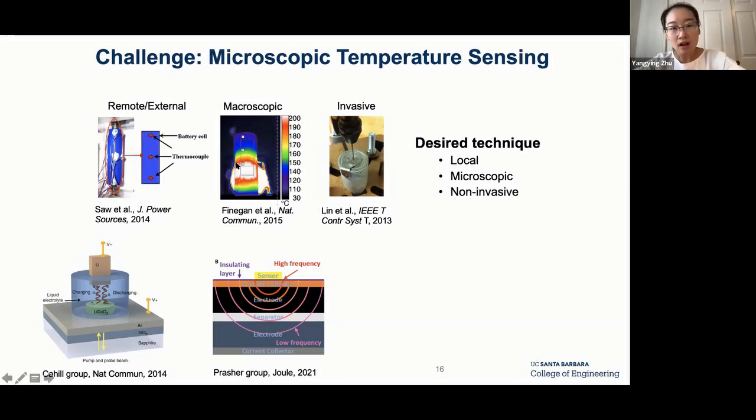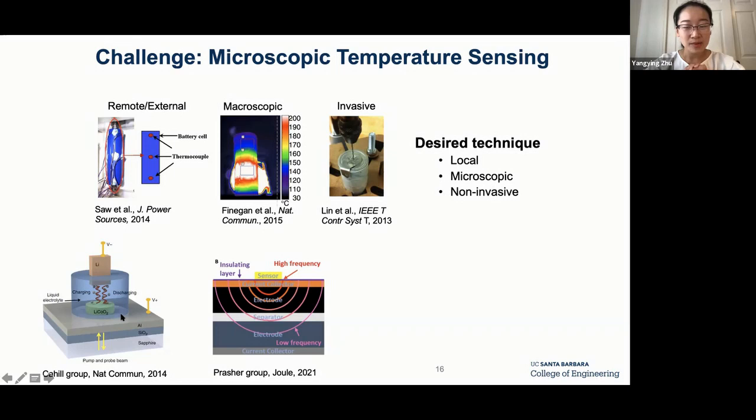You can use IR imaging, but IR images are usually limited to tens of microns spatial resolution, so you can't get down to the spatial resolution required for battery electrodes. Battery separators are usually only 10 microns thick, and single particles can be a few microns big. Or you can drill a hole and insert a thermocouple, but this is destructive. We don't want that, right?